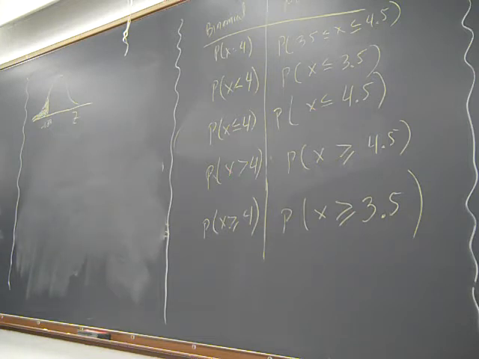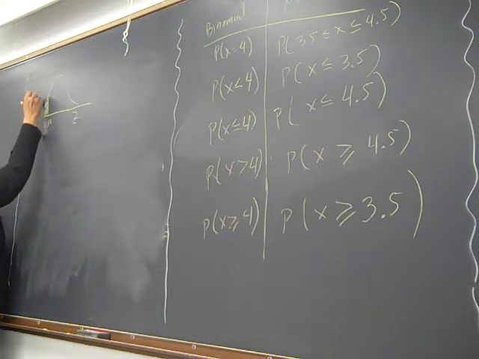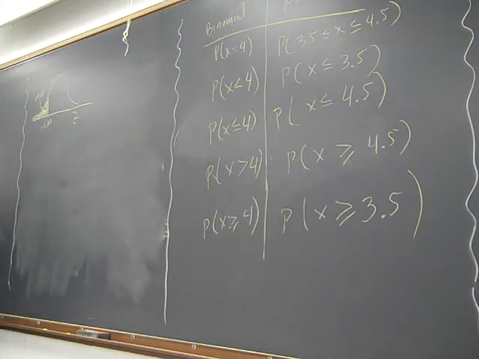Negative 1.33, you go to the table, and that probability is 0.0918.